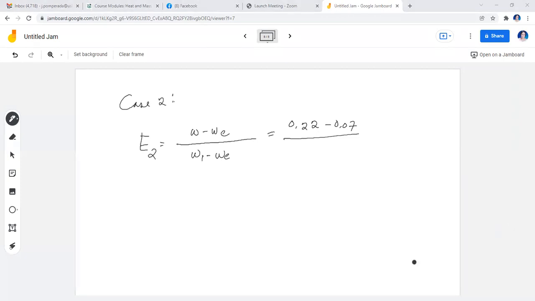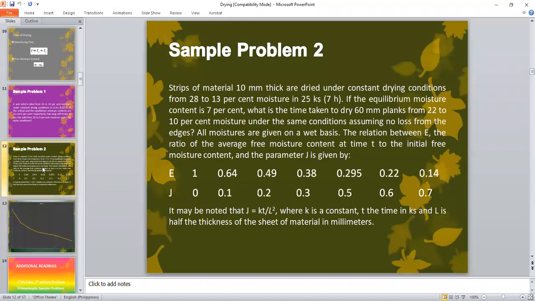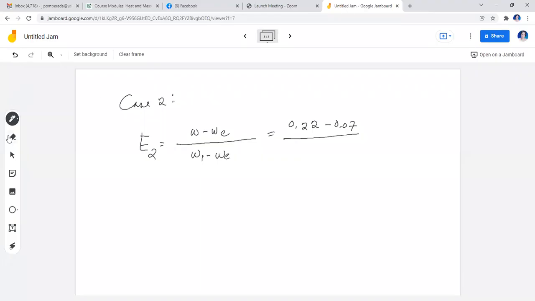Let's go back to our problem. So initial is 22, final is 10. Okay, so we'll go back to our board. So this should be 10. This is really initial. So that is why I was pausing, because it's too big.